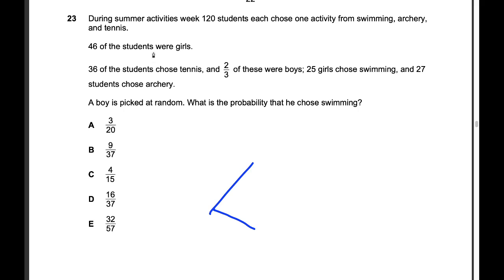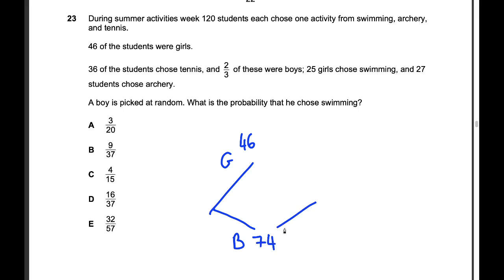So the question first splits it into boys and girls, so that's quite easy to do. So let's split it into boys and girls. There are 46 girls, and because there are a total of 120, that means that there are 74 boys. Okay, so if we look at this question, it says a boy is picked at random.